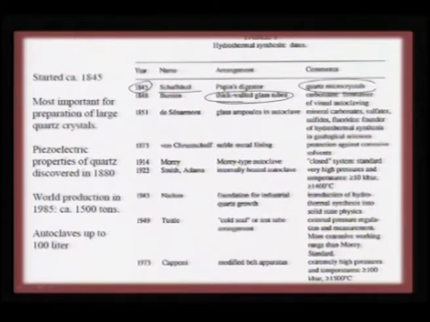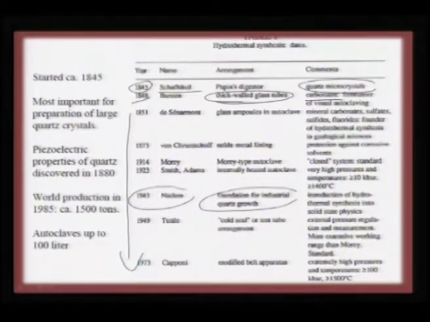Bunsen in 1848 made some carbonates as crystals, and from then on there has been several activity, and the most important one is 1943 by Nacken, who actually used hydrothermal synthesis for industrial production of quartz, and this was the first time the introduction of hydrothermal synthesis was taken seriously.